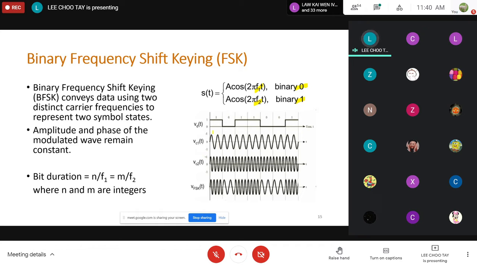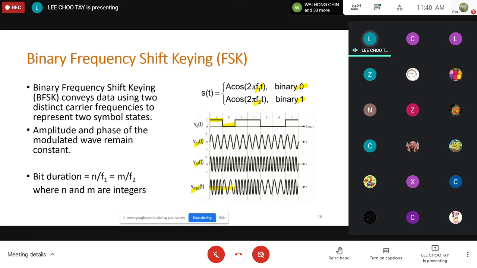Now, if you look at this diagram, I have data which is 1, followed by 0 here. I have two carriers, and carrier number 1 has a lower frequency compared to carrier number 2. So in the FSK signal, to carry a 1, I use a high frequency carrier, and to carry the binary 0, I use a low frequency carrier.